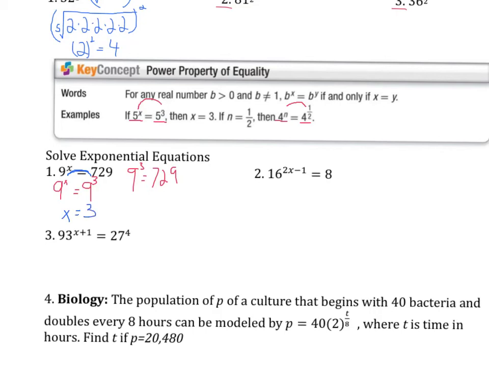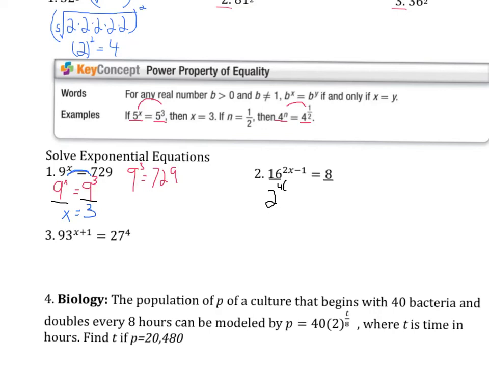And we'll use the same logic for number 2. First, we want to look for a different way we can re-express this equation, because we want to get the same base, like we had over here. So we want to see if we can get the same base with 16 and 8. Another way to write 16 is 2 to the fourth power.